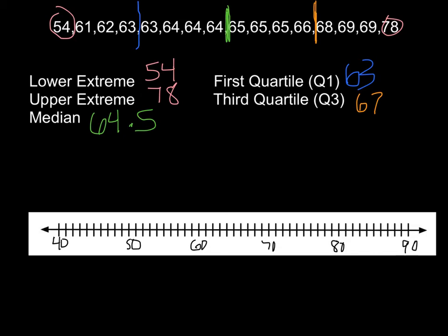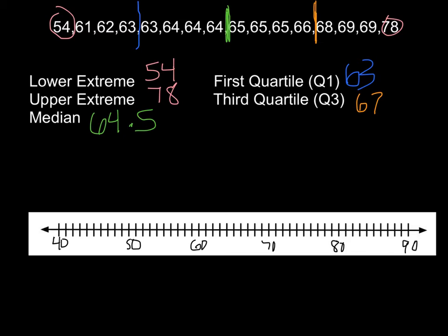Let's take our data we have up here now, and let's go ahead and do our box and whisker plot. If you recall from our steps, once we have found the median and the first and third quartiles, now we're going to draw a box on our data line.